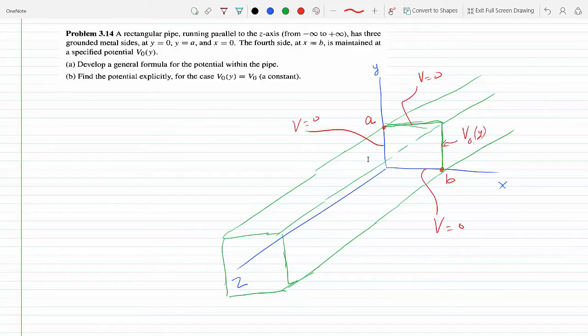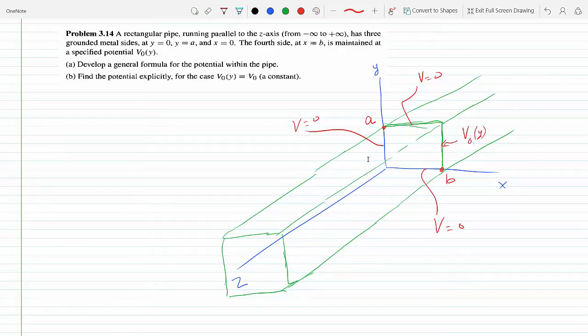When x is b, then the potential is v of y. Right, exactly.